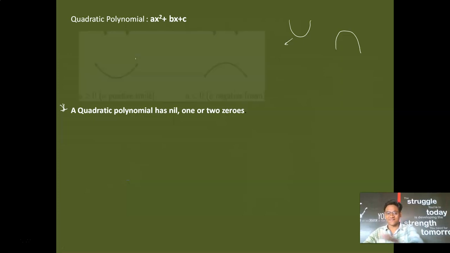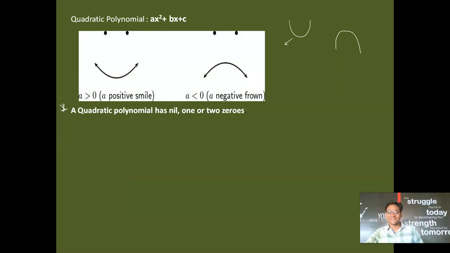See this one. This denotes the open upward parabola. When a is greater than 0, you will get this open upward shape. I have shown it with this smiley. So this is the open upward parabola. You will get it whenever a is greater than 0. That means whenever the coefficient of x square is positive, you will get the open upward parabola.